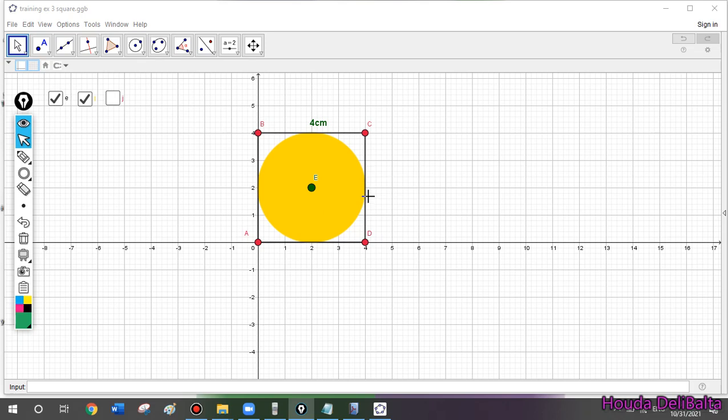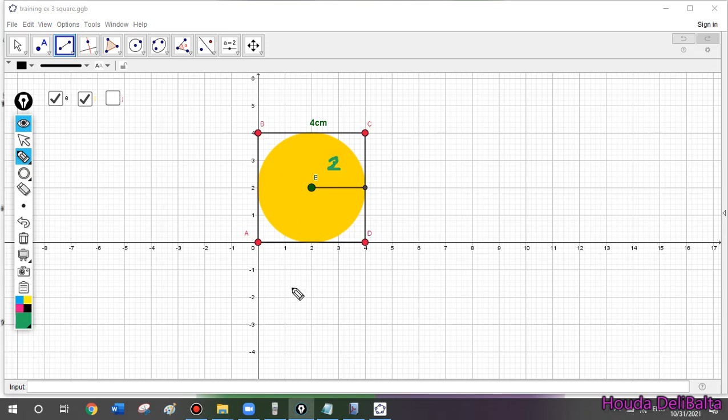It's a circle of radius equal to 2 centimeters, because the whole side of the square is equal to 4 centimeters, and the radius of the circle is exactly half of the side of the square. So the radius of that circle is equal to 2 centimeters.